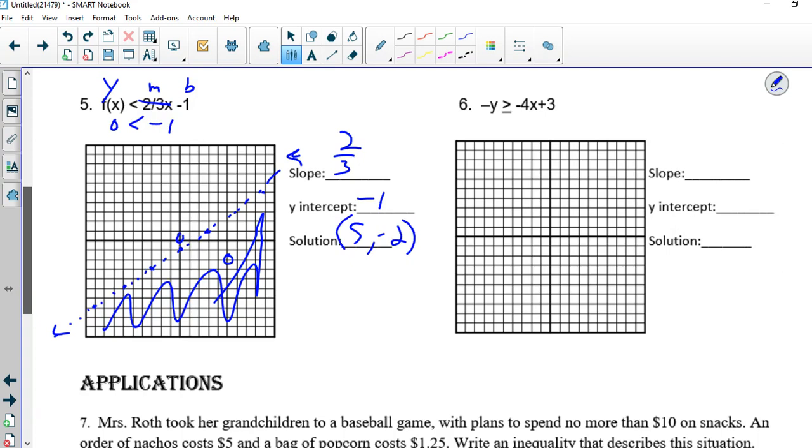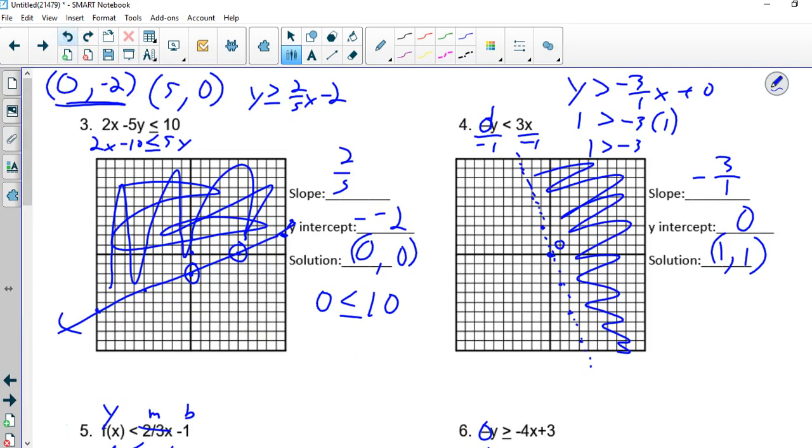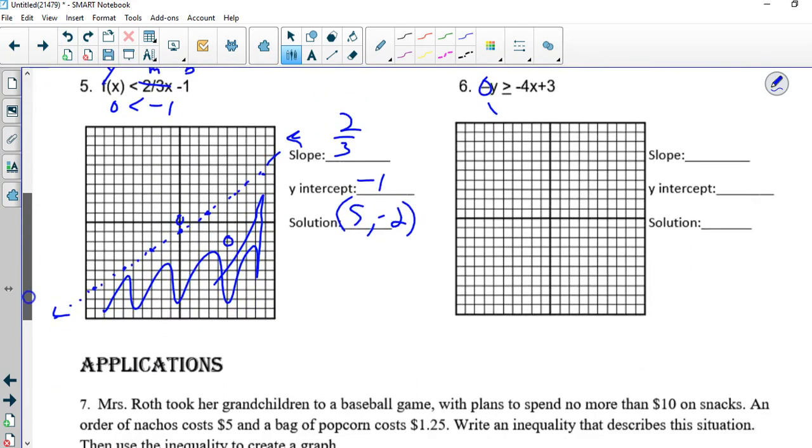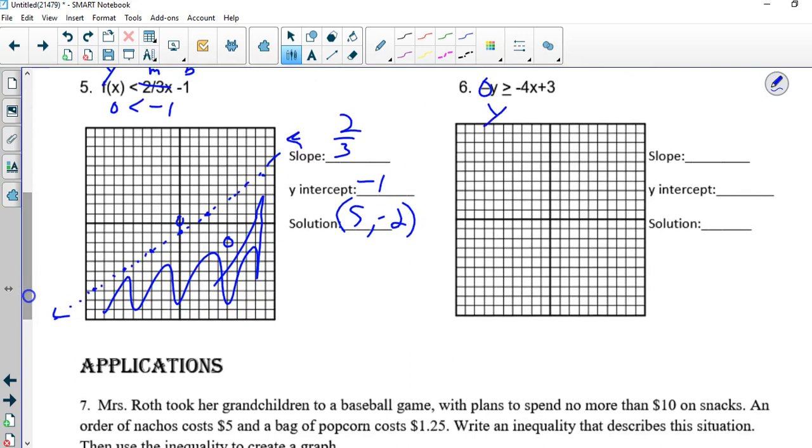Okay, again, I have a problem here because I have this negative y. So I need to divide everything by negative 1. So that's y, switch my symbol, positive 4x minus 3.